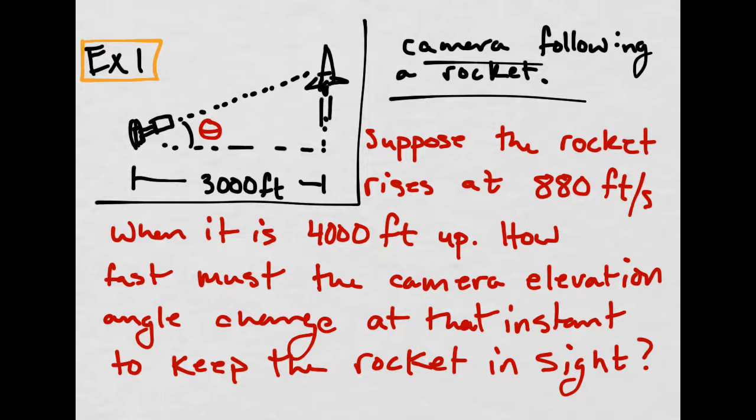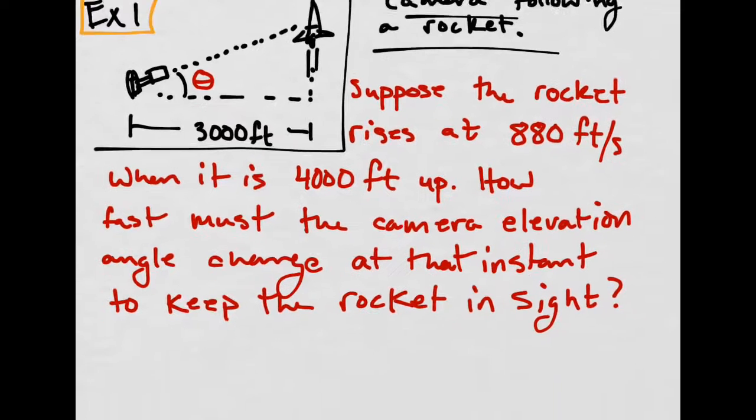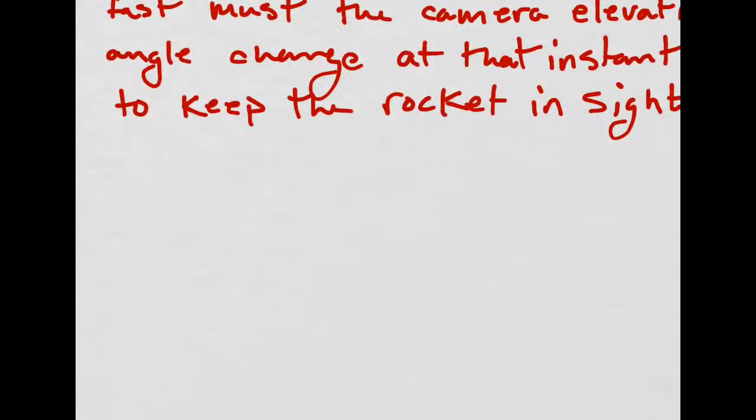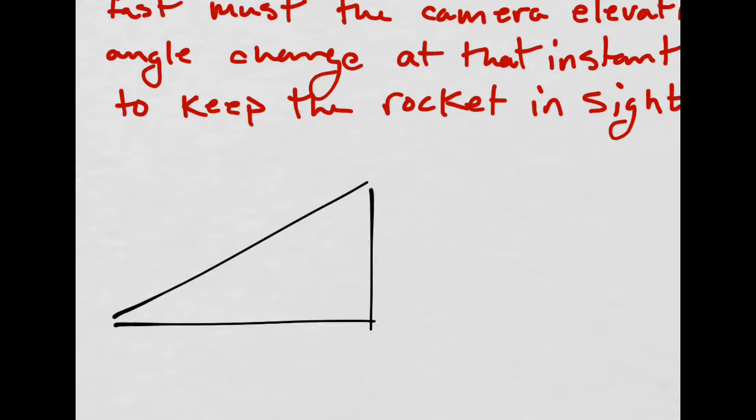This is interesting. So the first thing that I'm going to do is redraw a picture just so that it's a little bit cleaner with less detail. I'll draw a triangle, and I know that this is 3,000 feet, and I can put it there because it remains 3,000 feet. This angle is going to be theta.